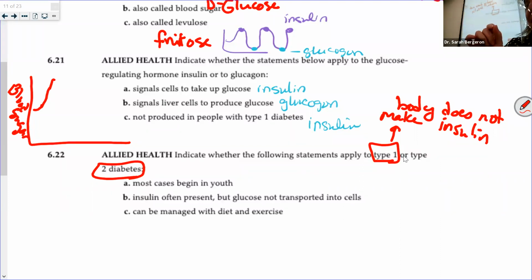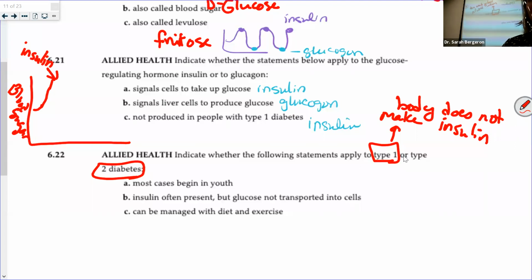My cells need it for energy. So there has to be some kind of chemical signal that tells all the cells in my body, hey, there's sugar in the blood, you need to take it out and you can use it for energy. That's what insulin does for you. So your body starts to make the hormone insulin at this point.